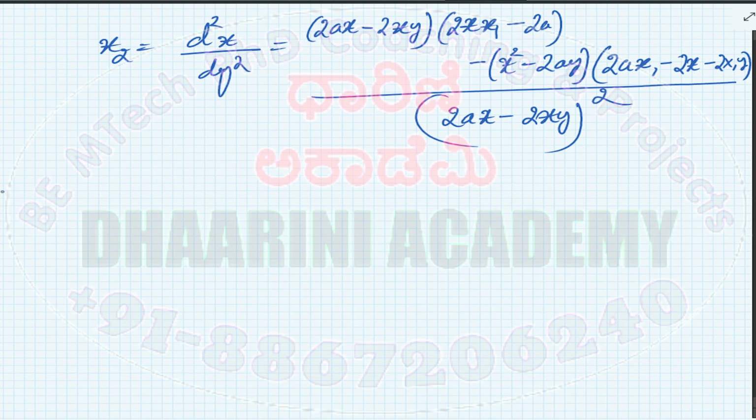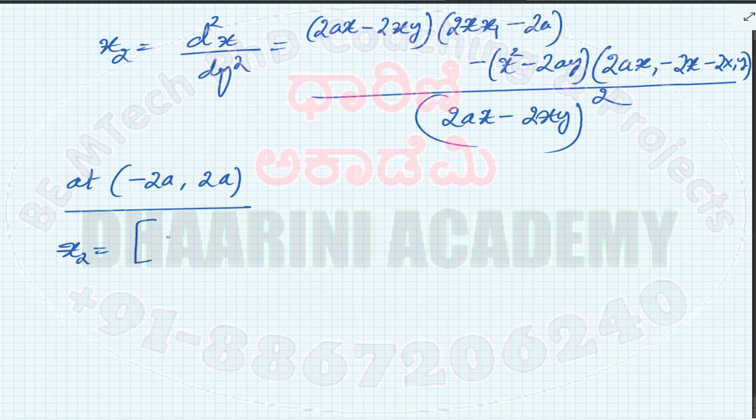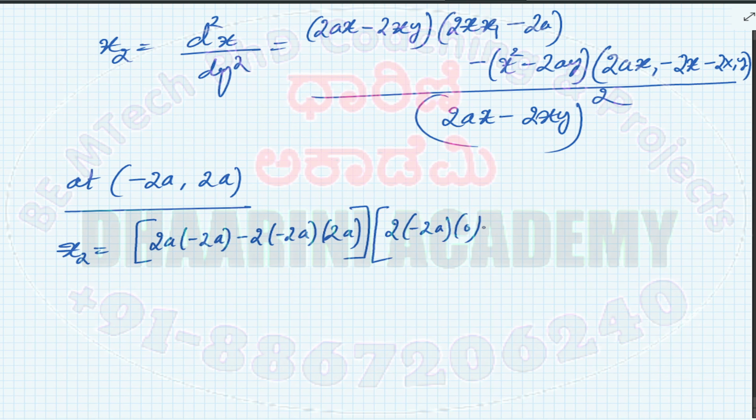So at, what is the point? The point is x is minus 2a and y is equal to 2a. At this particular point, let's calculate what x2 is. x2 is equal to, wherever I see x, I'm going to put minus 2a. So this is the first term, 2a into minus 2a, minus 2 into minus 2a into 2a is the first term, into the second term, 2 into x, which is minus 2a, x1 is 0, minus 2a is the first term.